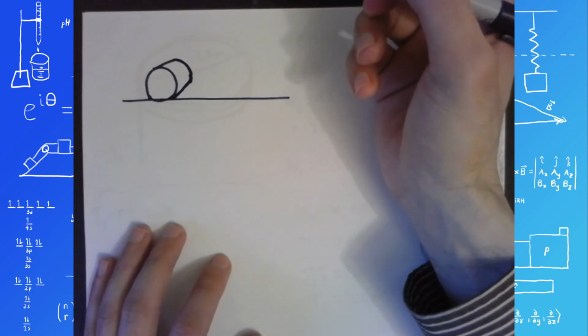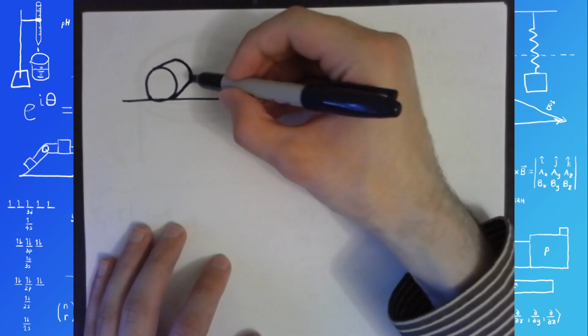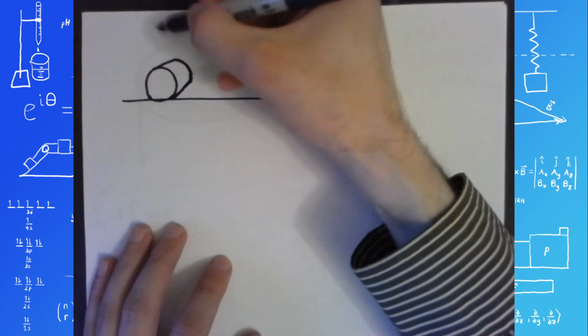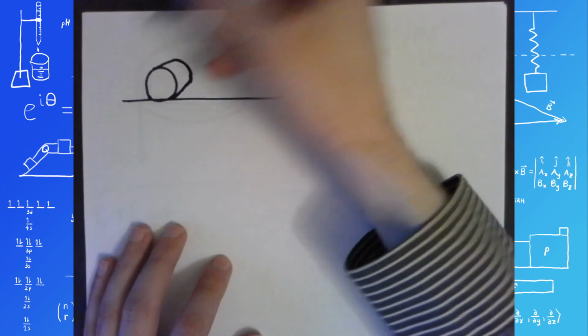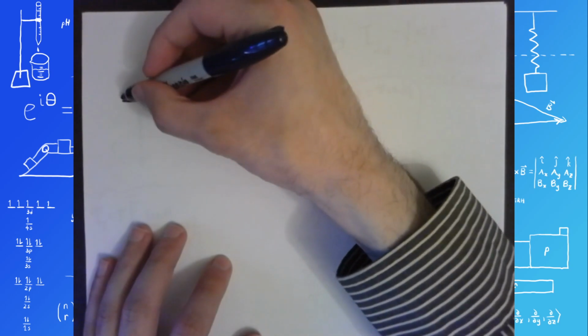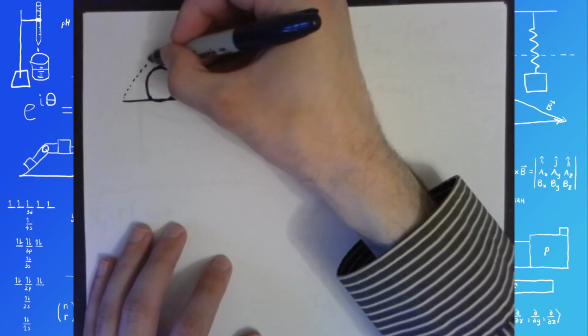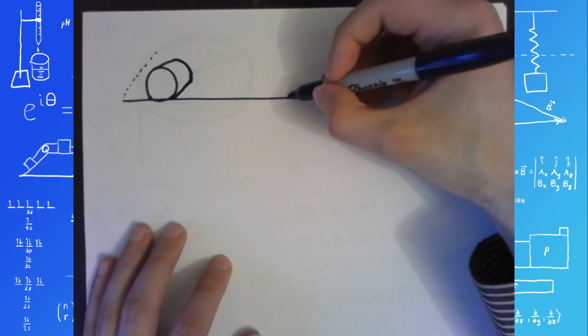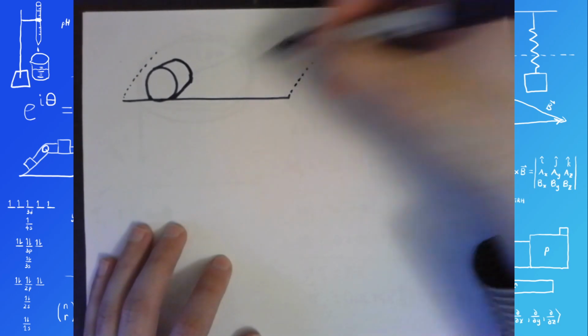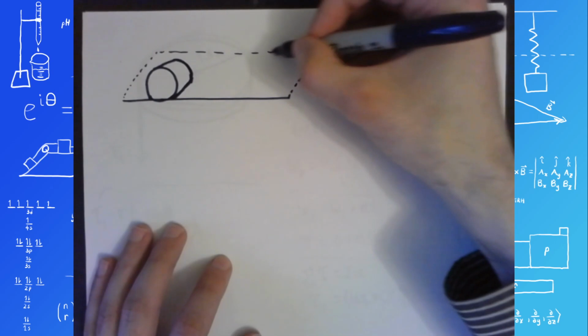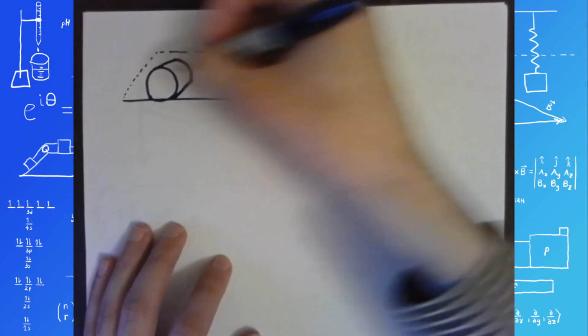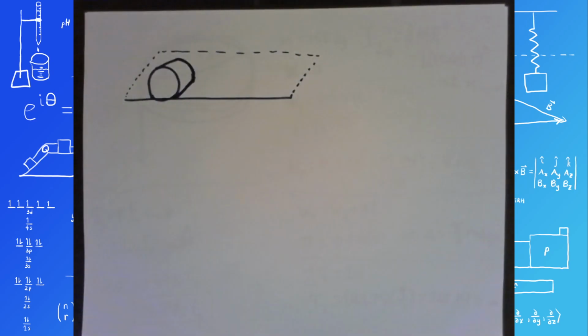I don't like the way I drew this thing. Something like that. We'll say that this whole parallelogram thing that I drew is like a patch of earth that this can rolls along.